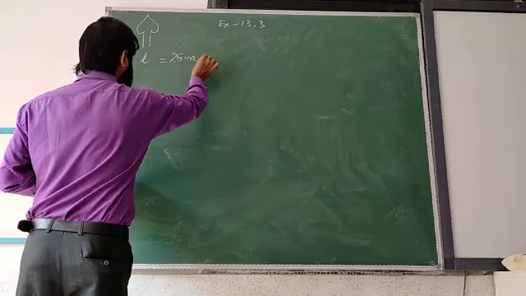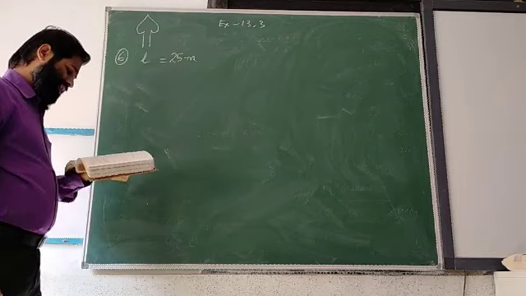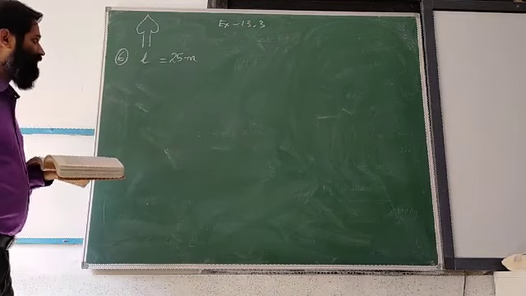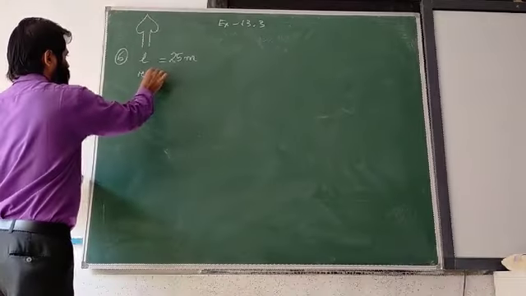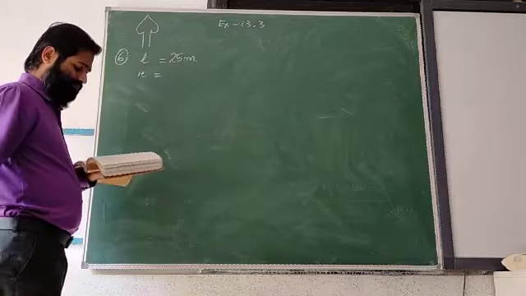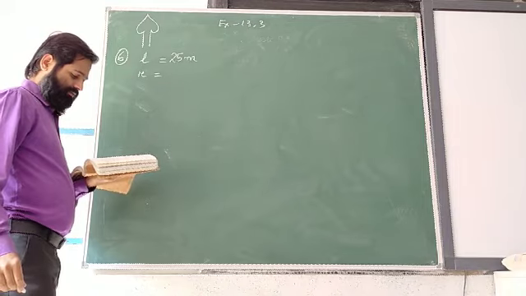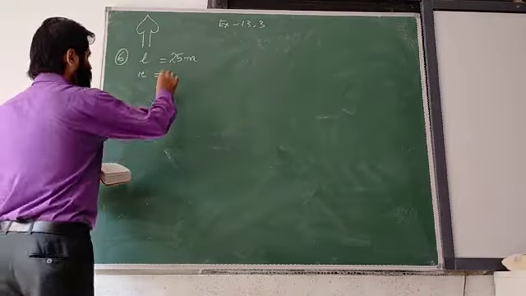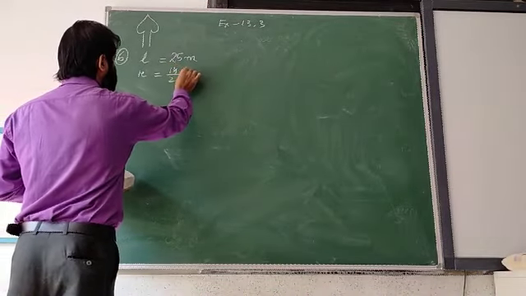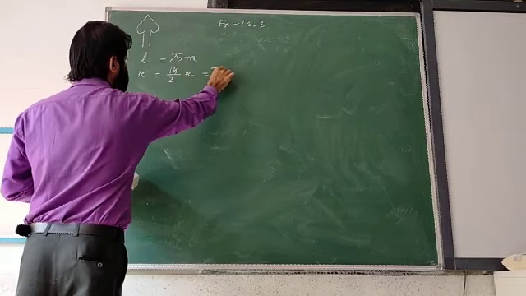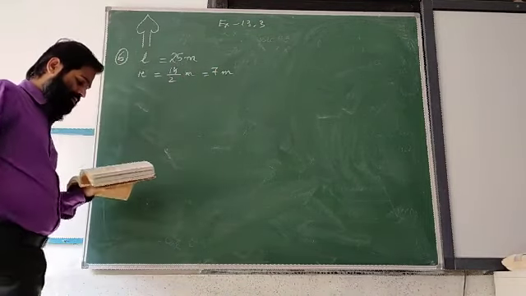The diameter has been given, so we can say the radius of a conical tomb will be 14 by 2 meter, and that will be 7 meter. Okay?